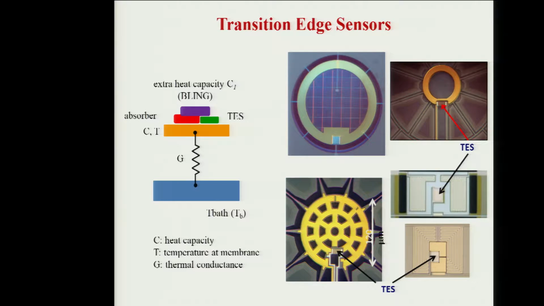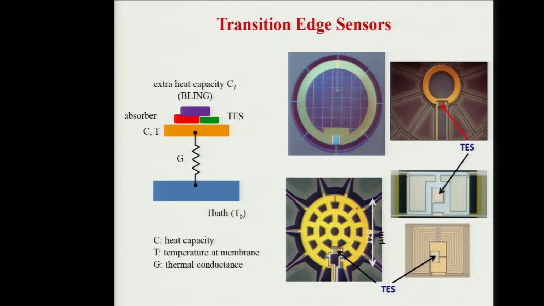So a TES is actually constructed with some type of membrane I told you about. In order to convert whatever energy you want into heat, you do need some type of absorber design. Here I'm showing you, for example, this one is a mesh design that just impedance matches to the free space wave, so you can couple the light, and then the TES is sitting right here.